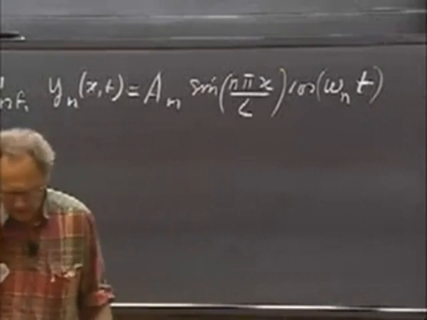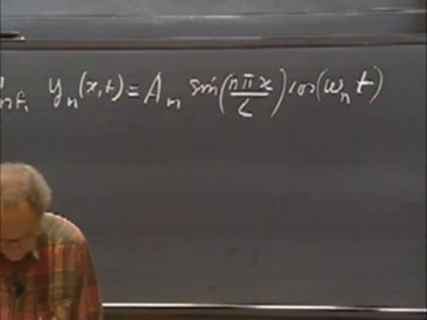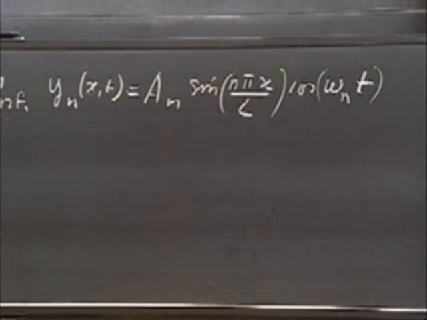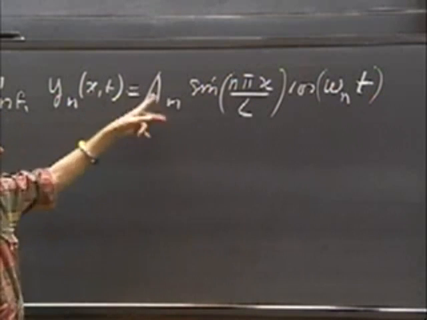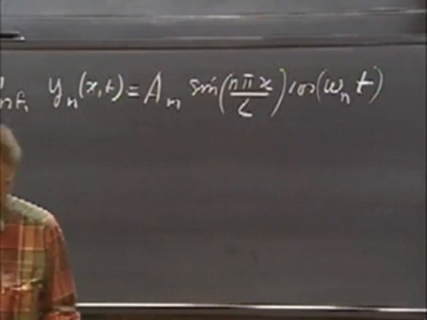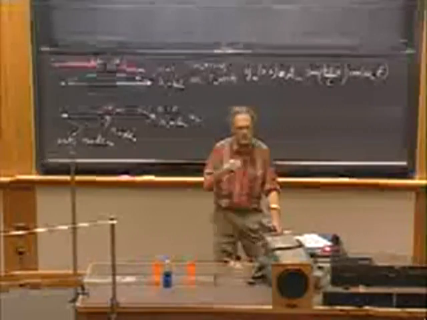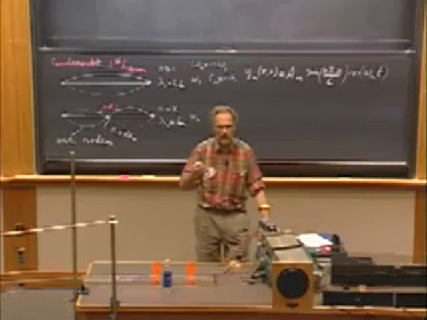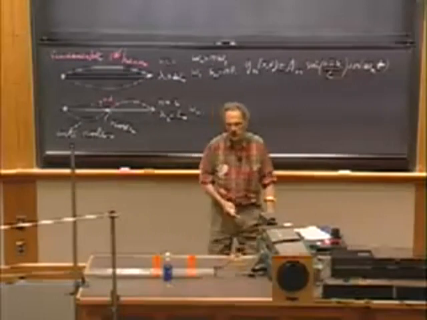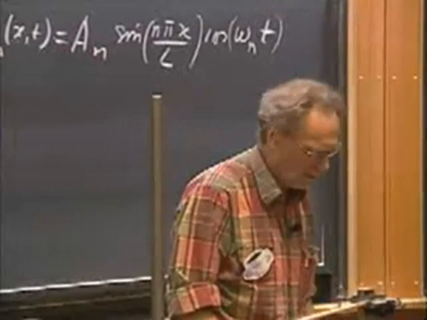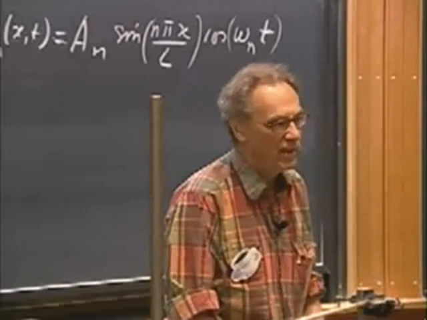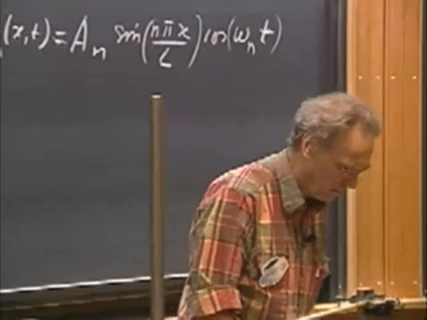That then meets the boundary conditions for two fixed ends. And any linear superposition, any combination, various values of n and various values of a, will satisfy the wave equation. So this string can simultaneously oscillate in a whole series of these normal modes. And when we do music next Thursday, you will see that actually. I will demonstrate that to you.